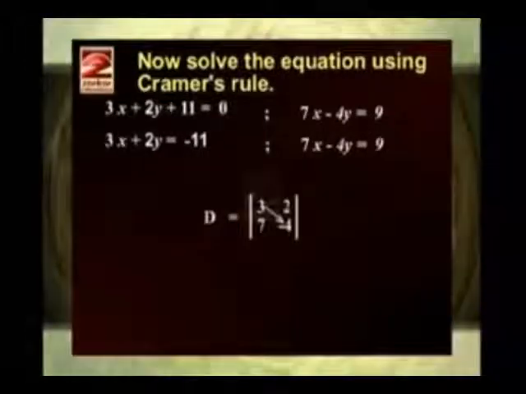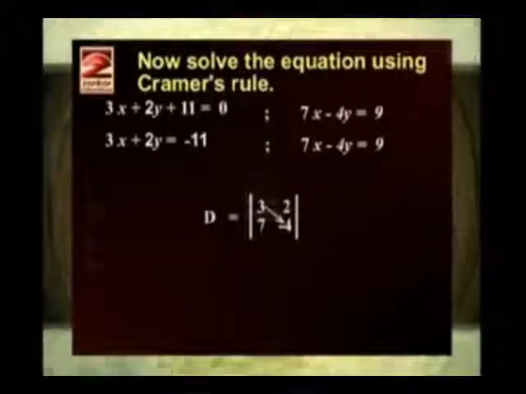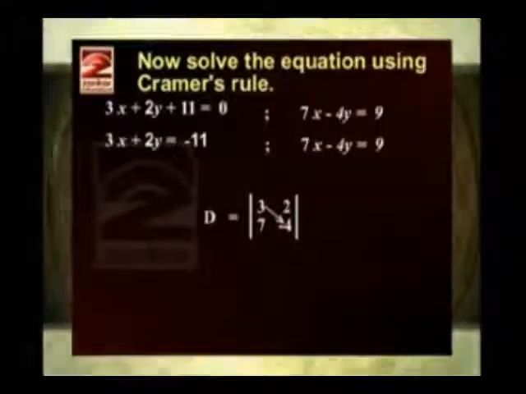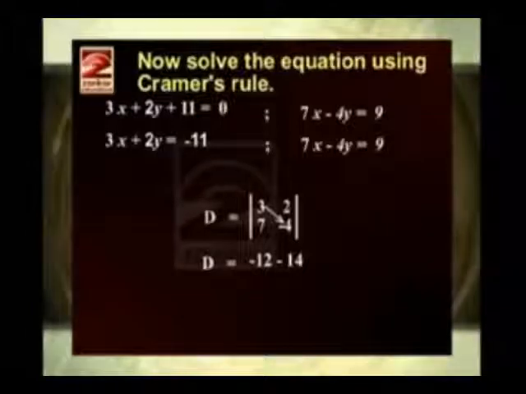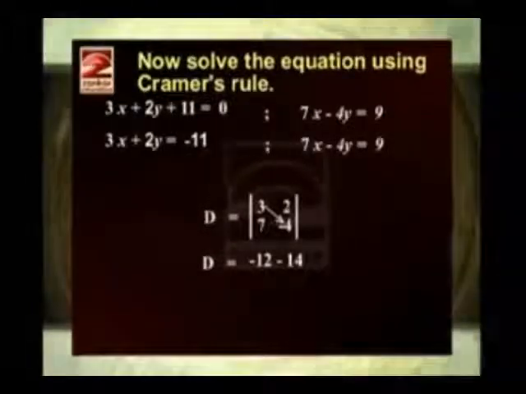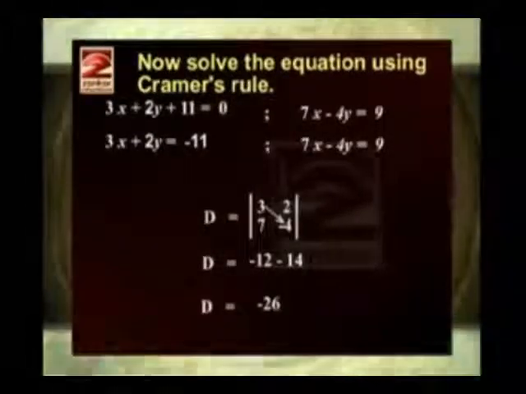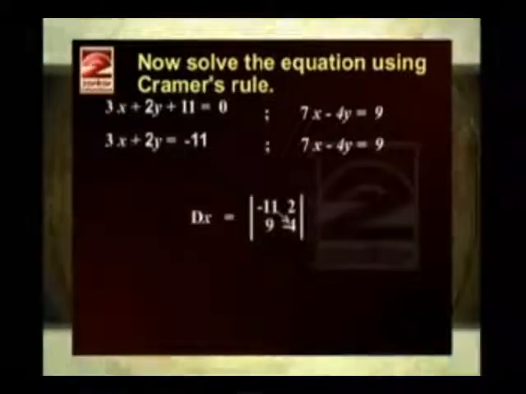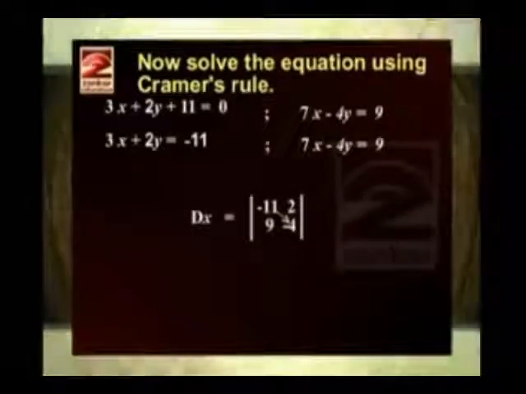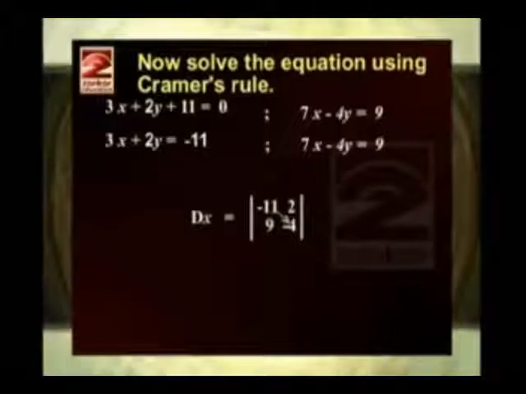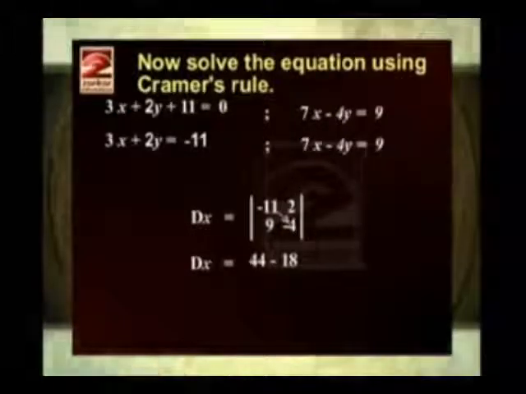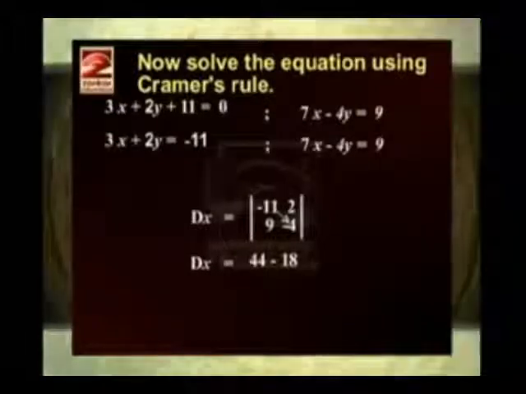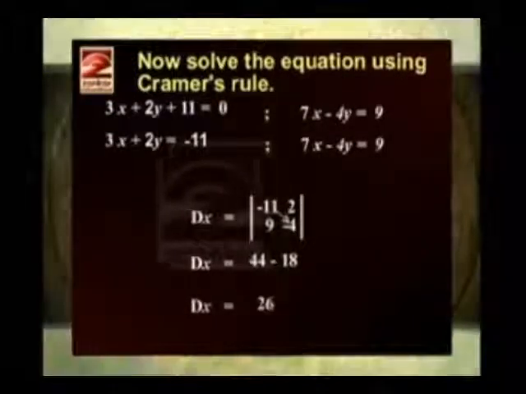Therefore, D is equal to the determinant of 3, 2, 7, minus 4, that is equal to minus 12 minus 14, that is equal to minus 26. And Dx is equal to the determinant of minus 11, 2, 9, minus 4, that is equal to 44 minus 18, that is equal to 26.